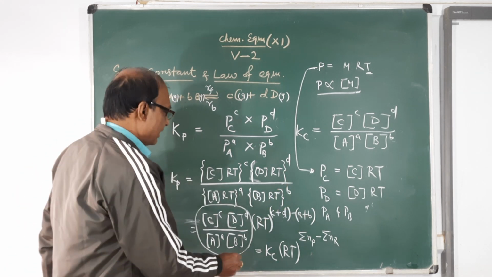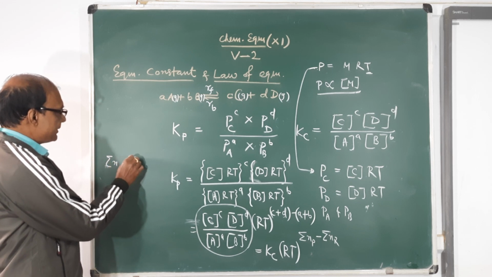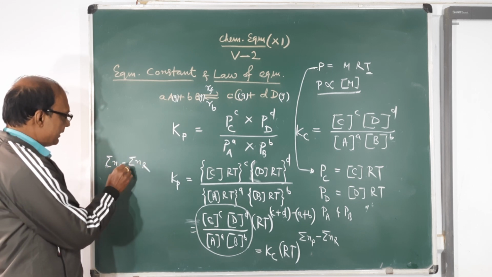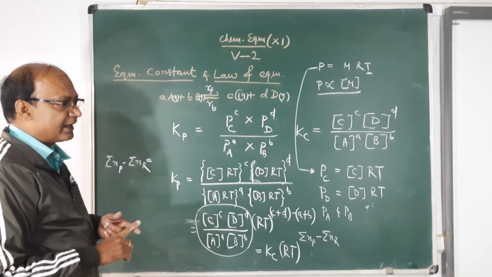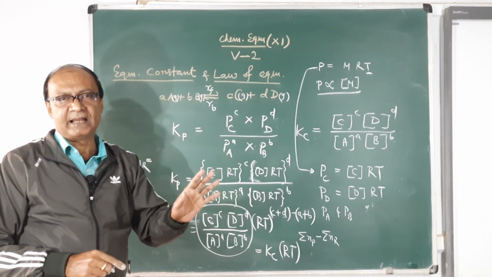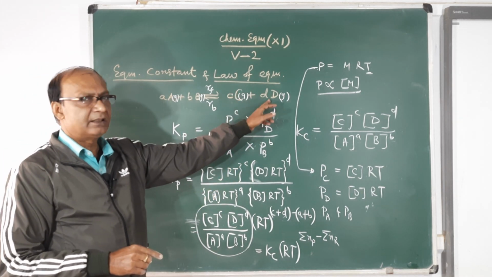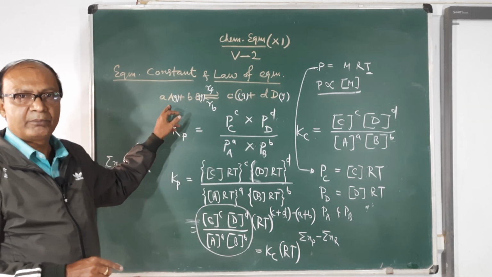Therefore, this term, the summation of the number of moles of product minus the summation of the number of moles of reactant, is known as the change in the number of moles of the reaction. c plus d is the final number of moles and a plus b is the initial number of moles.